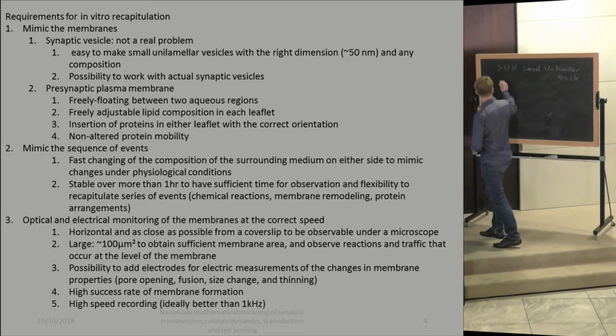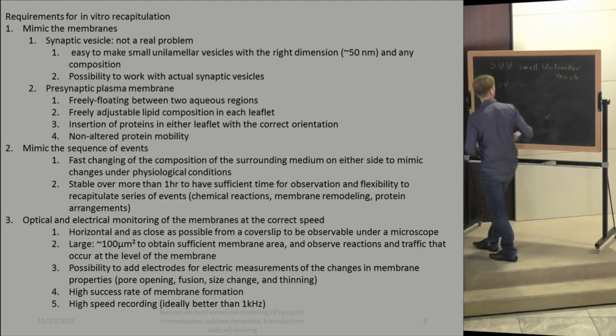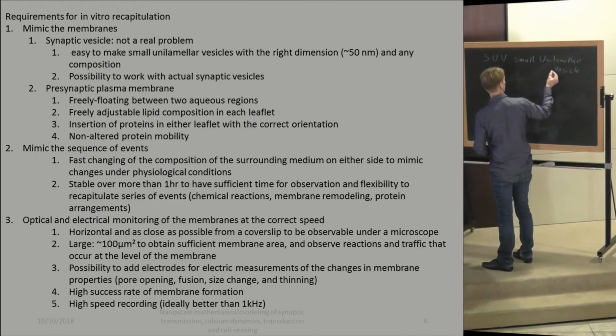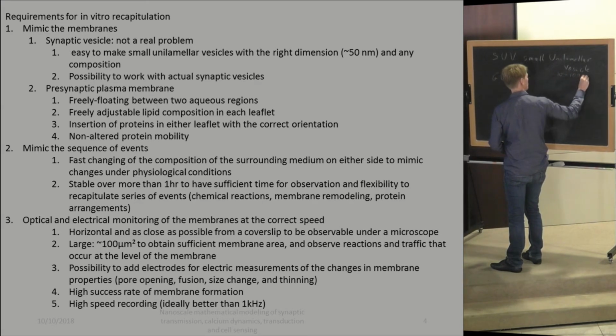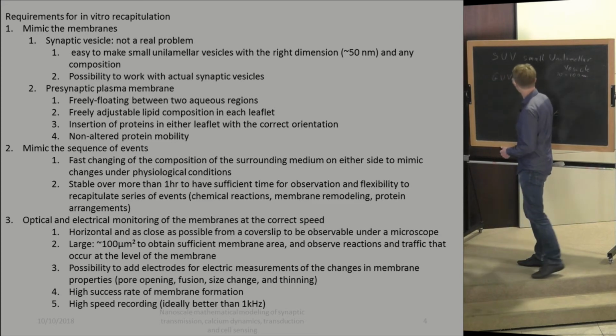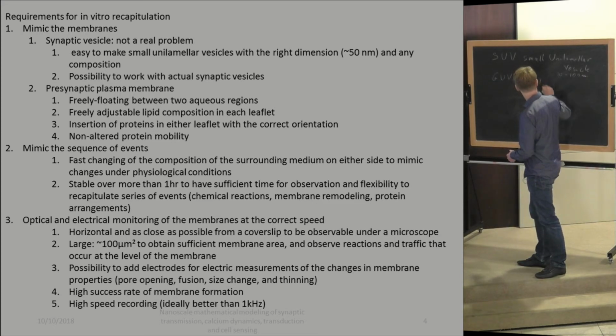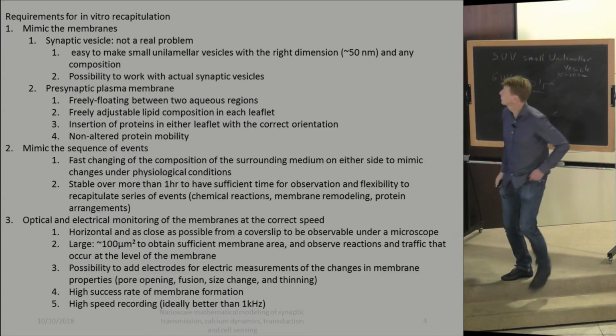And later I'll talk about giant ones, GUVs. Small unilamellar vesicles are typically between, let's say, 30 and 100 nanometers in diameter, and GUVs are larger than 1 micrometer. I'll talk about it later, so I don't forget to mention it.